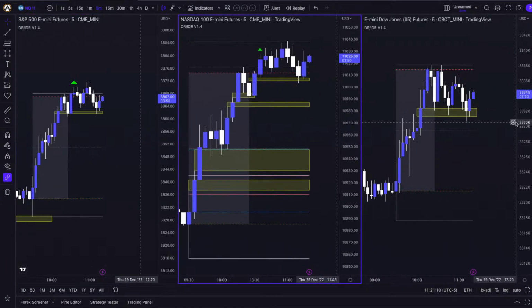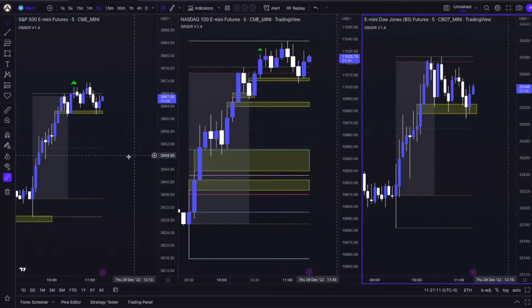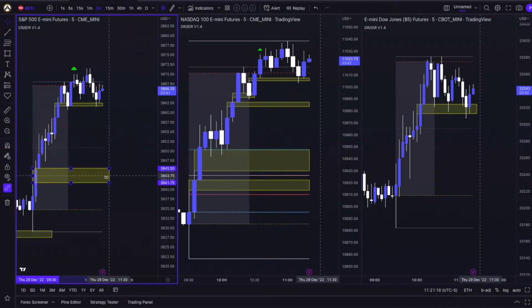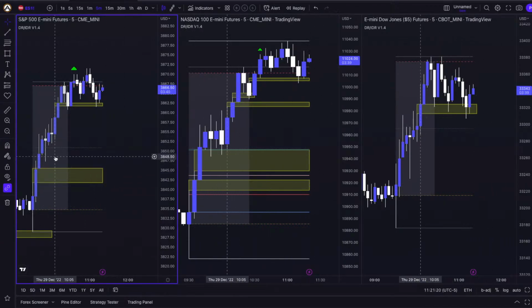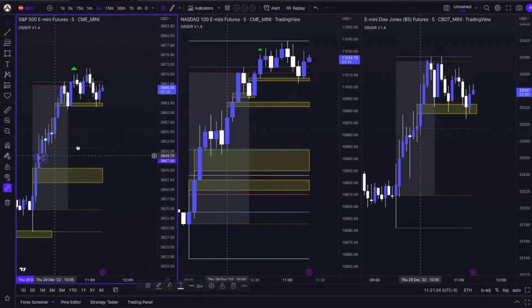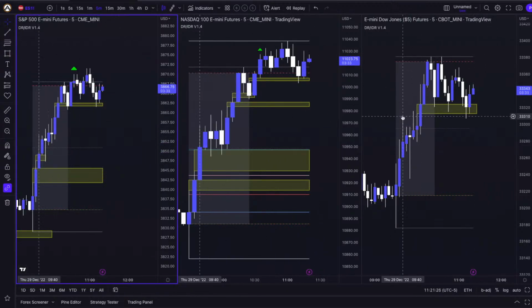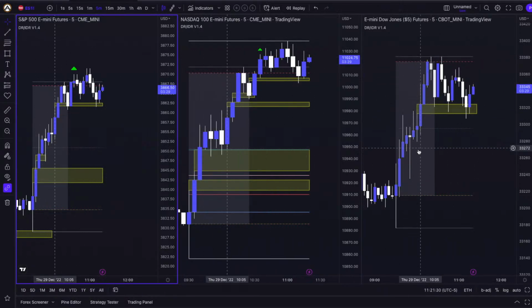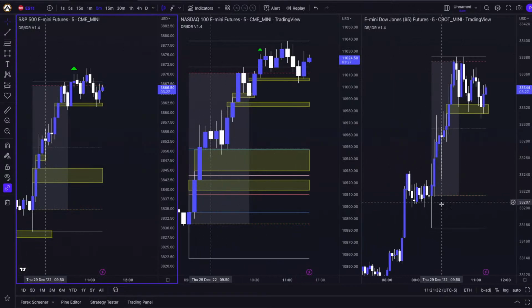All right. As of right now, our charts look very similar to each other. Let's finish drawing all the fair value gaps that we could be looking at. Boom, boom, boom. All right. This should be all.